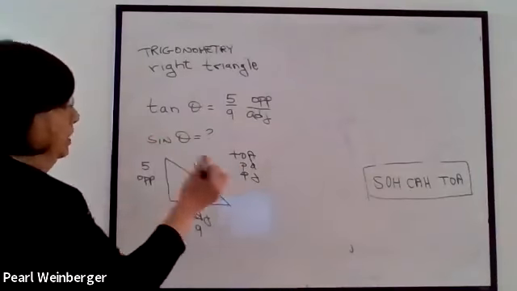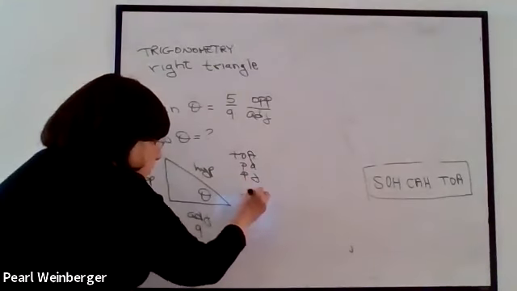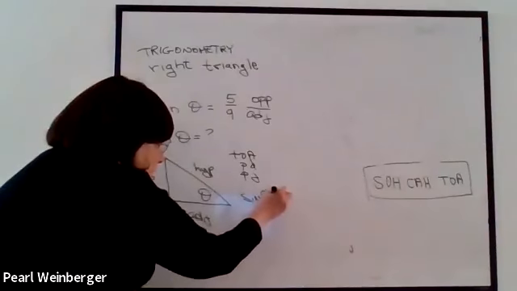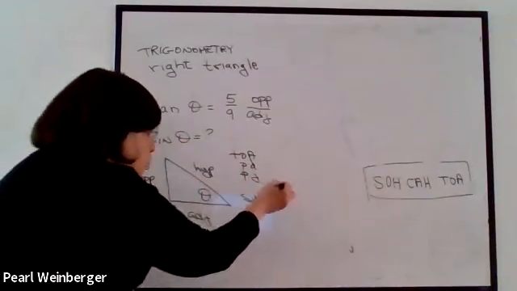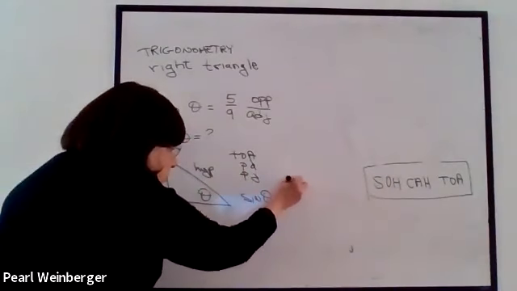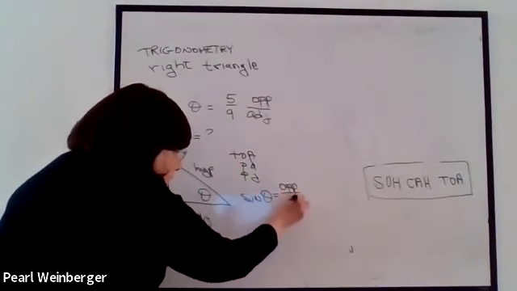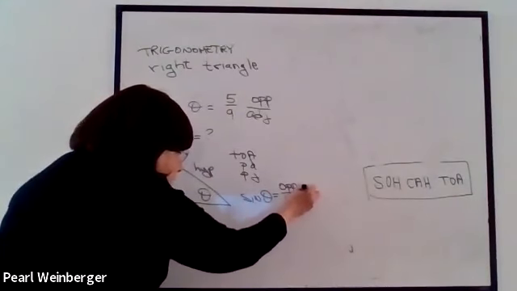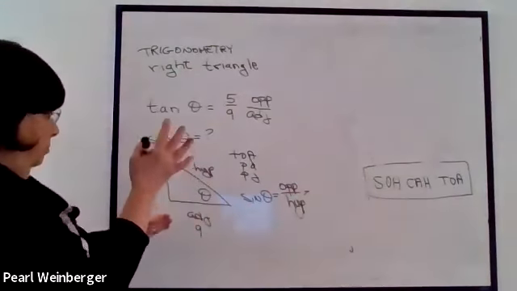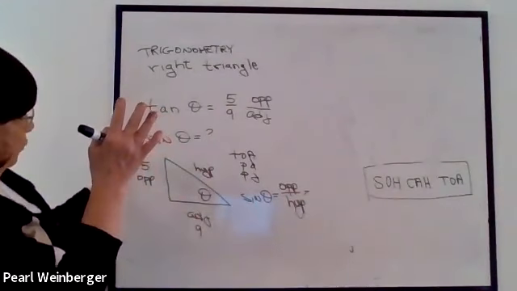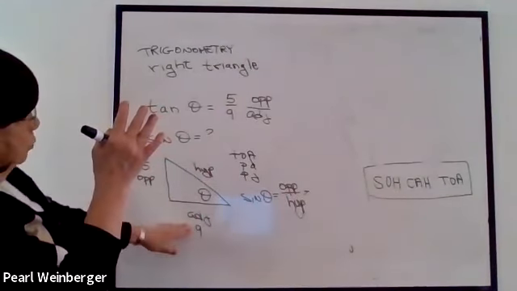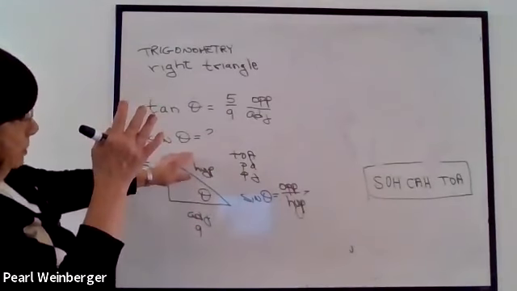Now I want to find out what sine of theta is. And I know sine is SOH, so opposite over hypotenuse. And if I look at this, I know the opposite side is 5, but I don't know what the hypotenuse is.